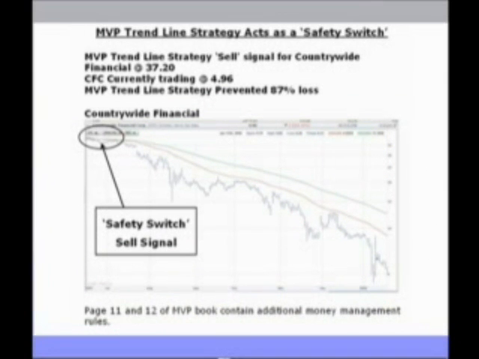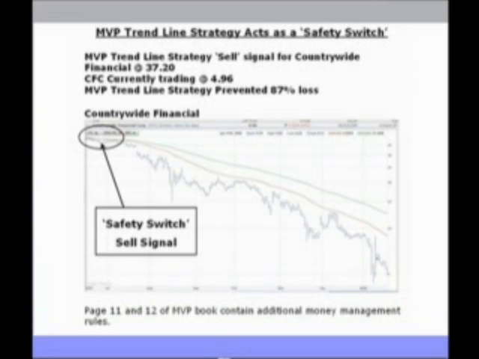Now the trendline strategy also acts as a safety switch, and it will tell you to exit a stock if it enters a downtrend, and it can save some pretty big losses if you follow this simple system.